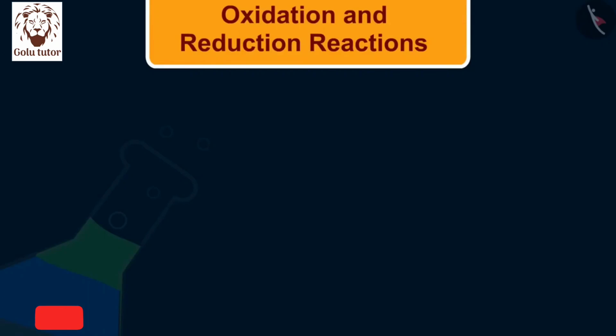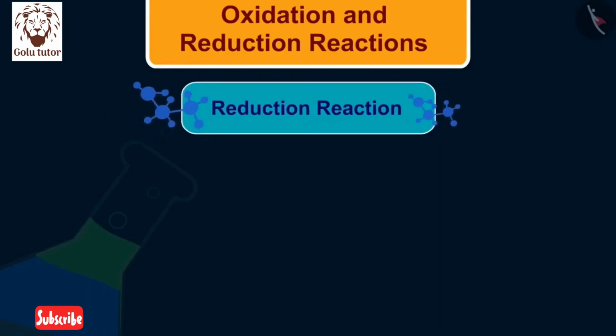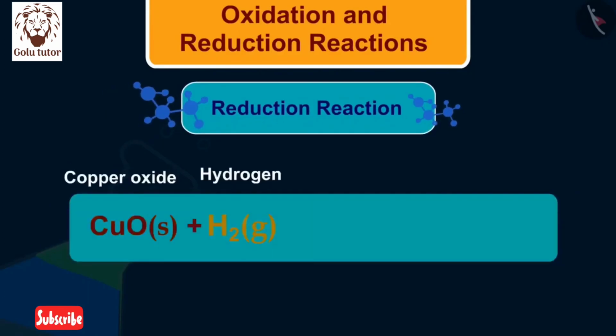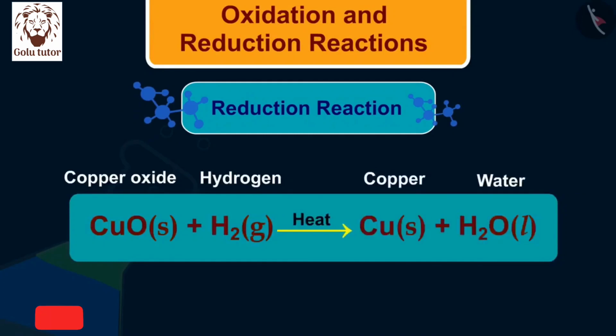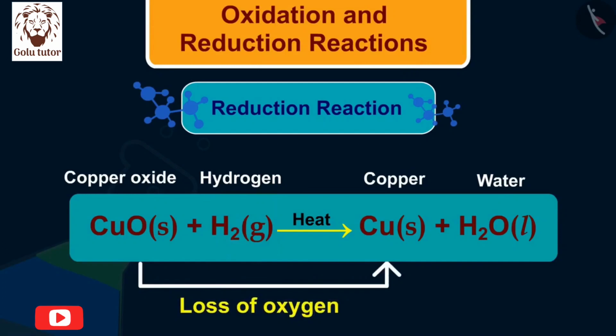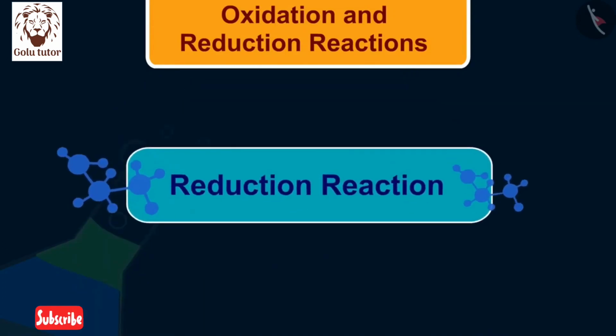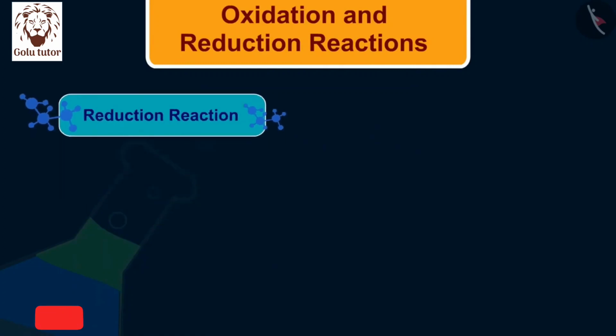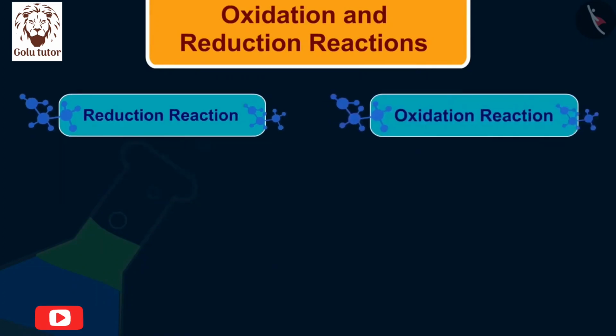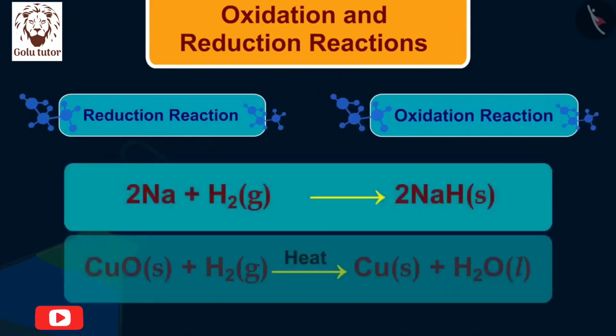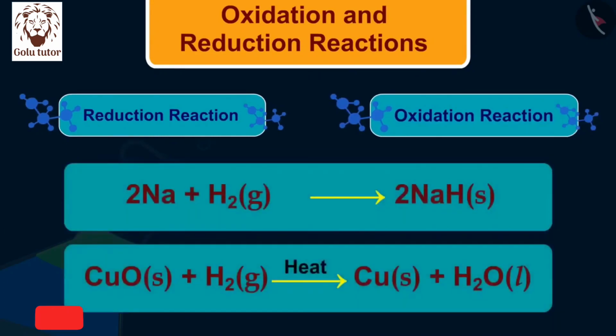Let us now learn about the reduction reactions. Whenever a reaction results in an increase in hydrogen or loss of oxygen in a substance, such reactions are called reduction reactions. Friends, let us now understand oxidation and reduction in more detail through two examples.